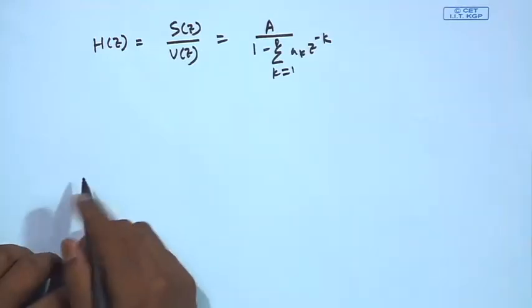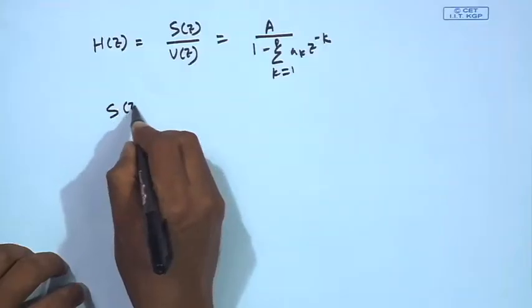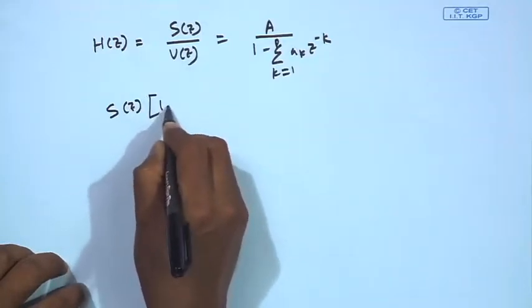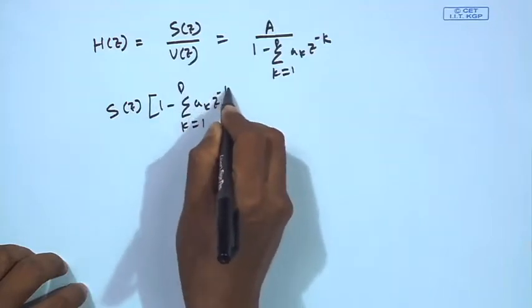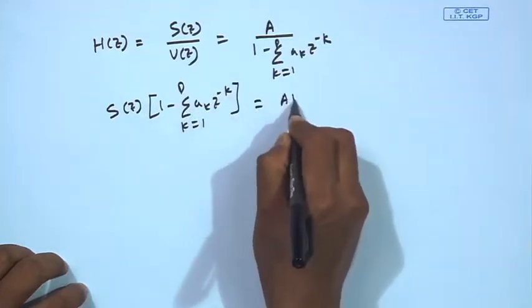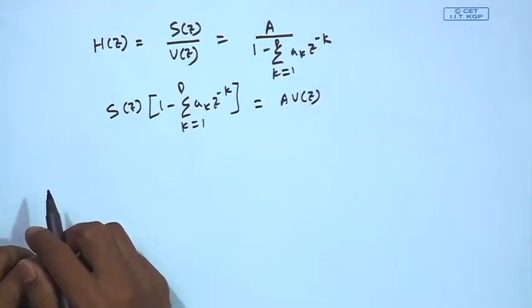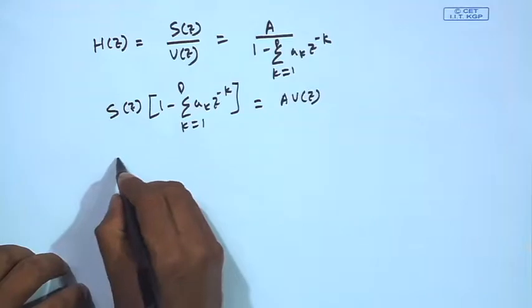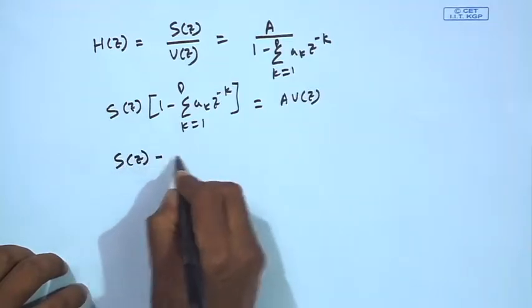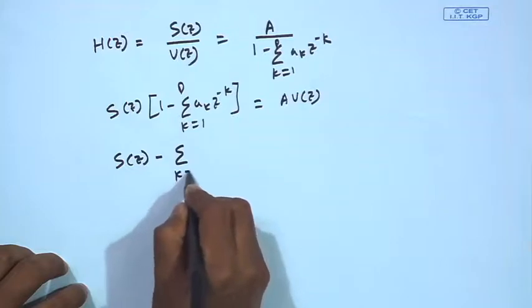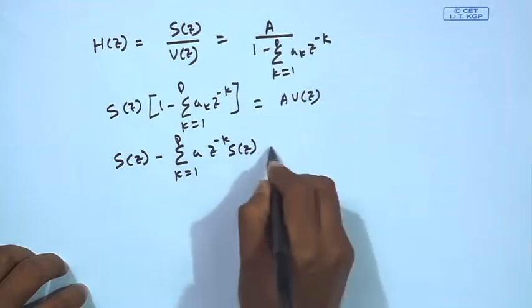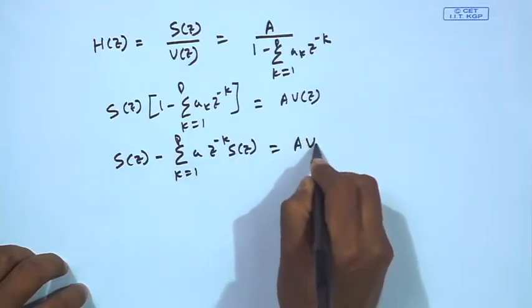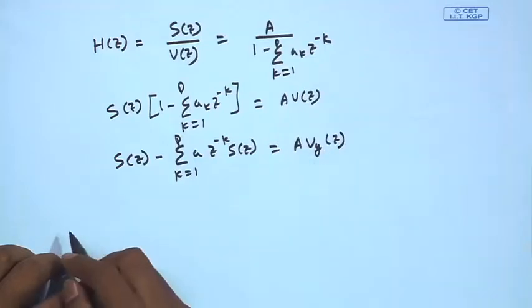Now, if it is that, then I can say S(z) into (1 minus the sum for k equal to 1 to p of a_k z to the power minus k) is equal to A into U(z), where U(z) is the input impulse. Okay. Or I can write S(z) minus the sum for k equal to 1 to p of a_k z to the power minus k S(z) equal to A into U_G(z), which is the input of the vocal tract if it is voiced.